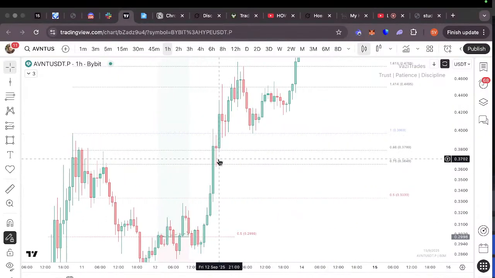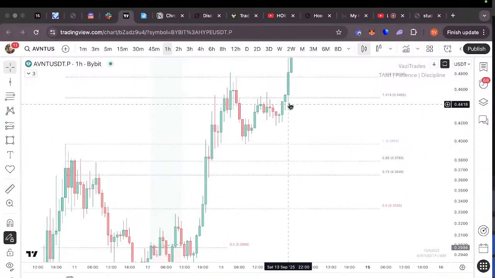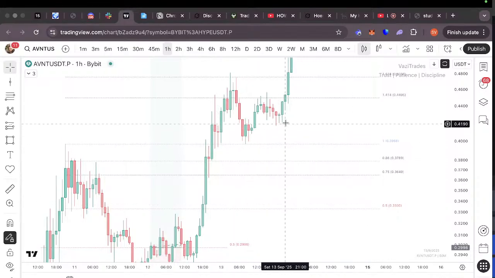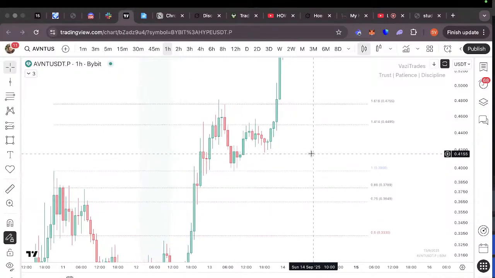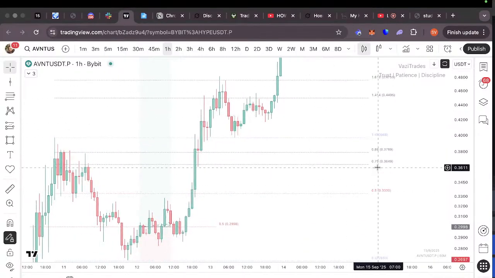From this one level, but give a close above 0.86, which means that price should continue its uptrend. Whenever you see a close above 0.5 or 0.75, 0.86, it just confirms that it will continue its trend. So consider these levels not just as numbers, but also as a percentage.